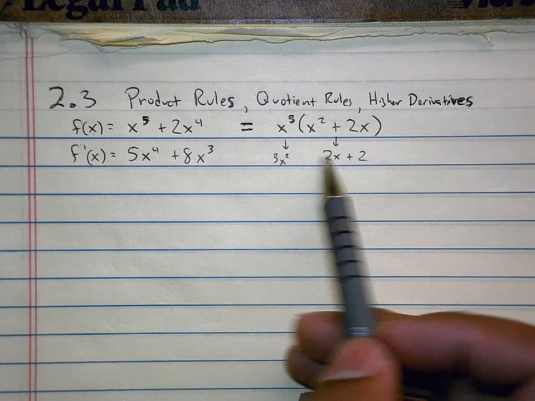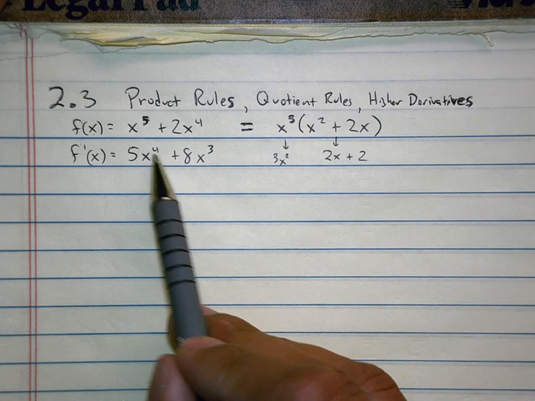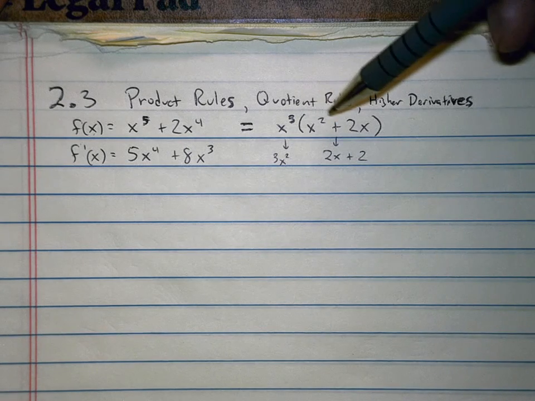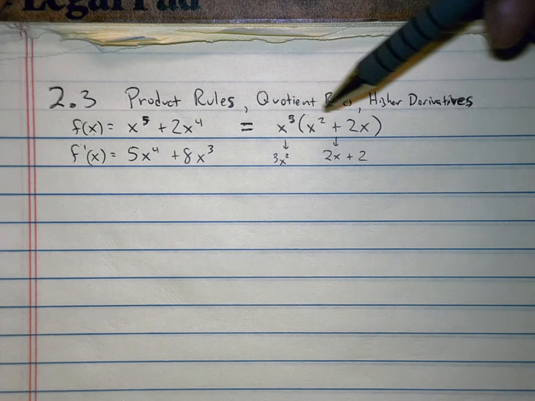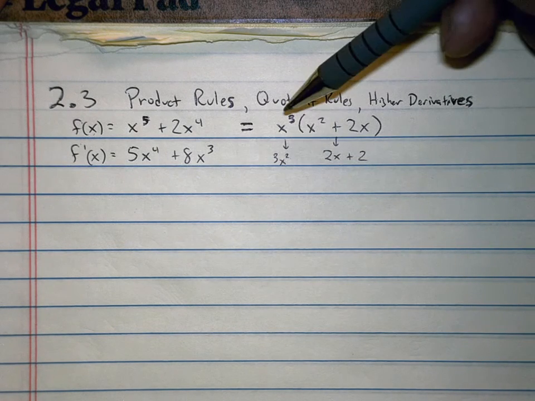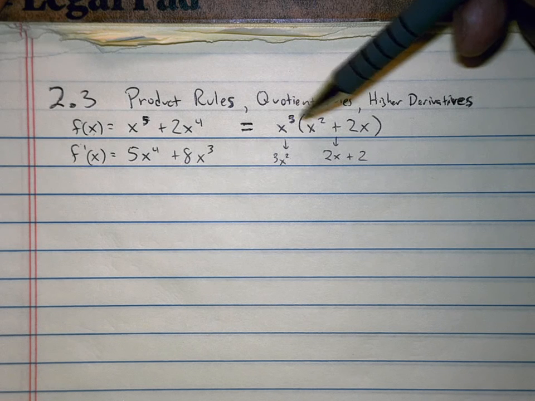Now, is that the same thing as 5x to the 4th plus 8x to the 3rd? No. They're not equal. So that means that I cannot use the power rule when there's two variables that are multiplying each other, when there is a product.